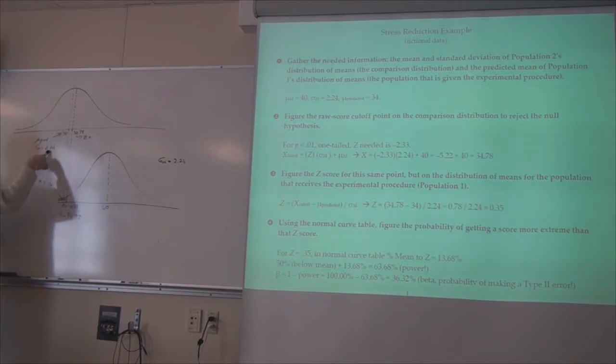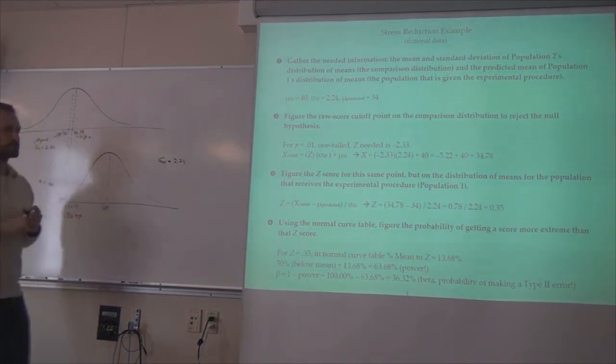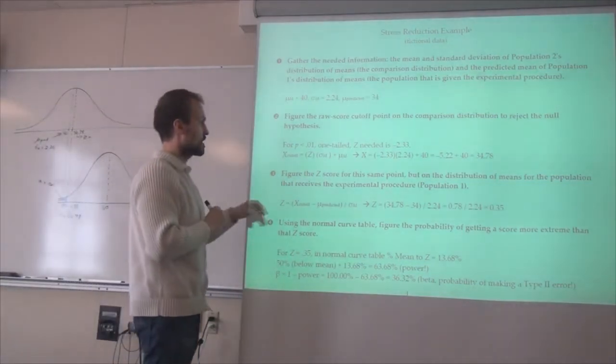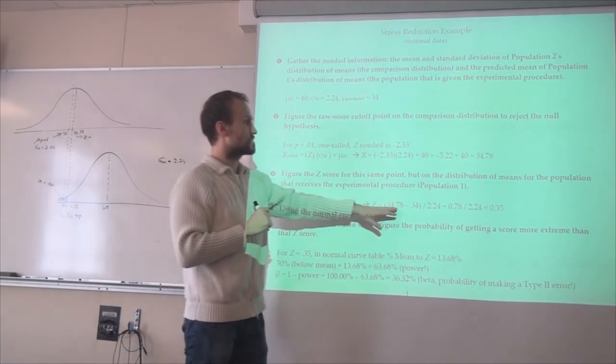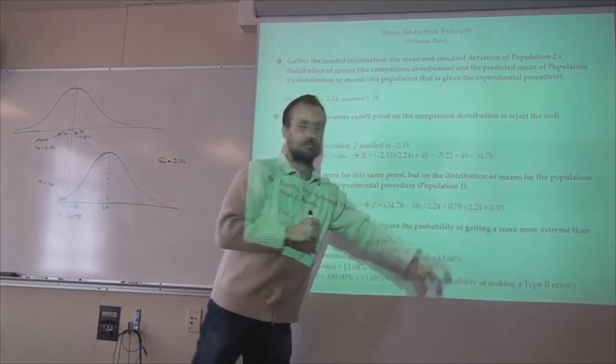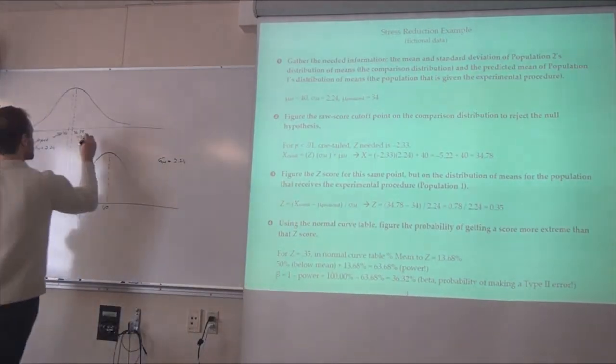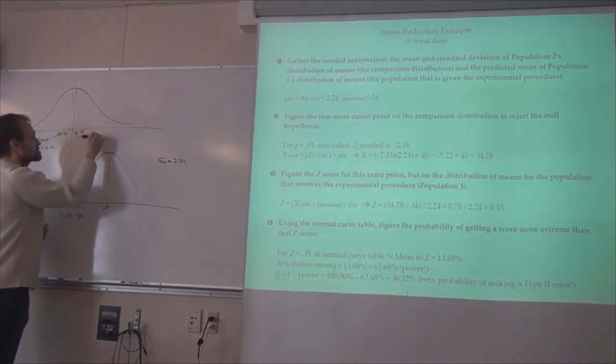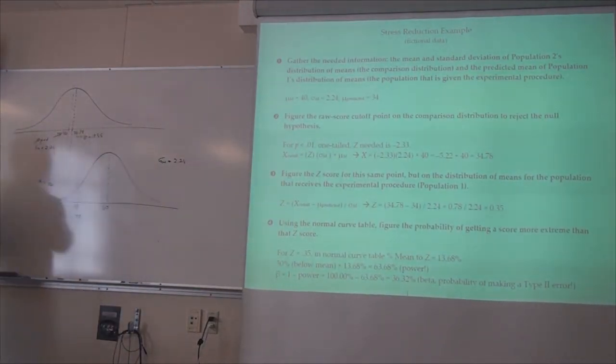Using these two, what is the z-score, telling me how far that is away? It's going to be 34.78 minus the predicted mean over the standard deviation, 0.35. So again, it puts me very close here. And now I can look up in my table.